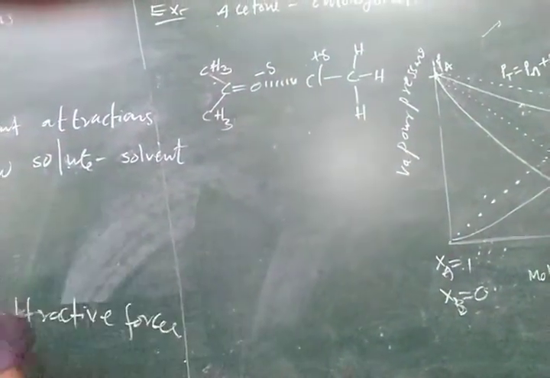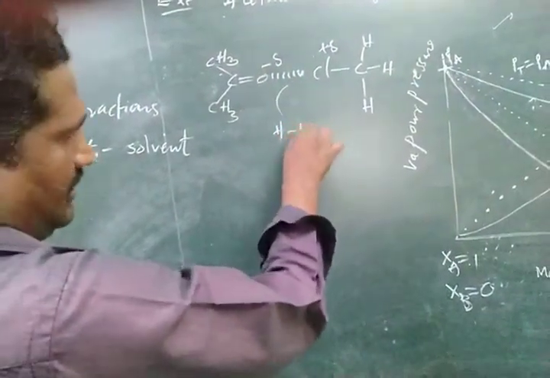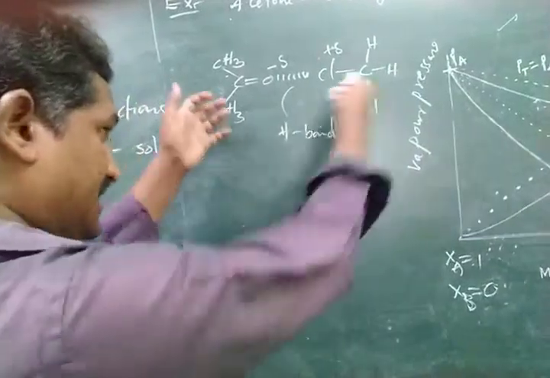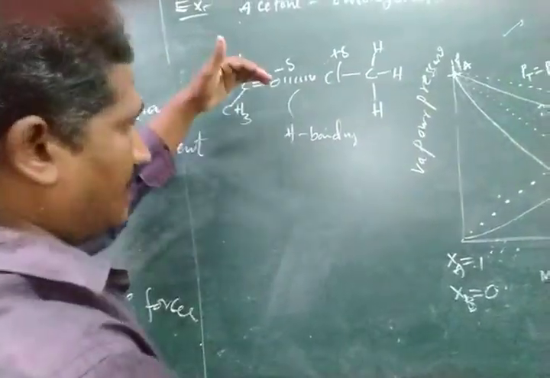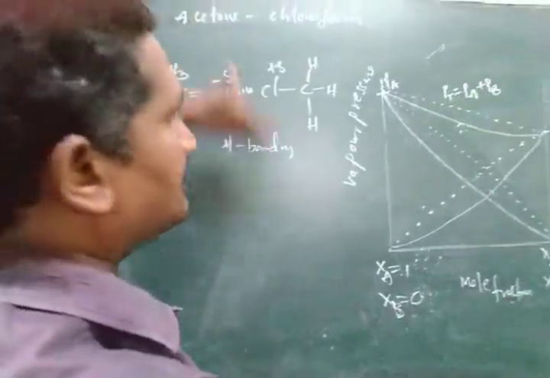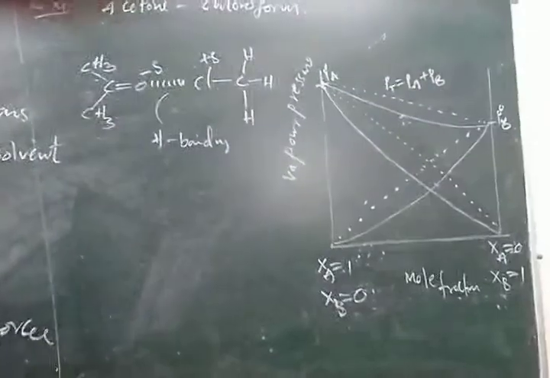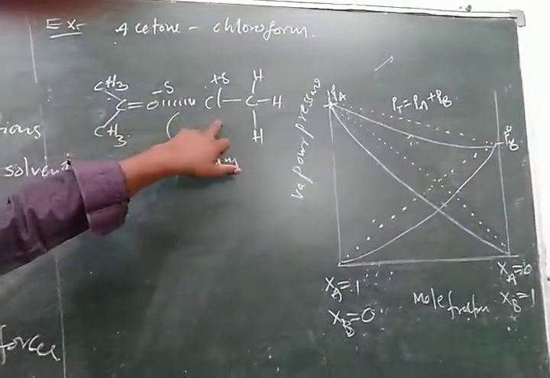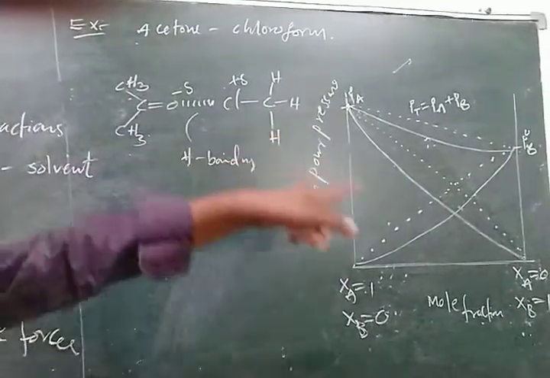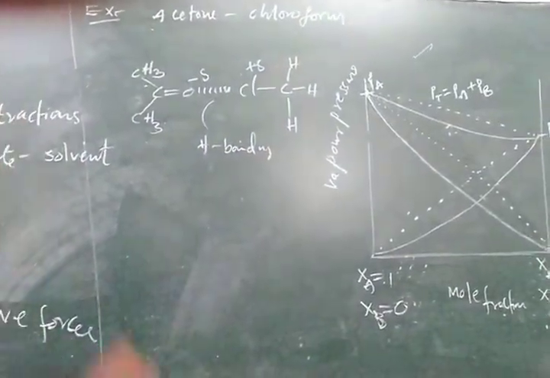After mixing, due to hydrogen bonding, they are strongly attracted and will not evaporate easily. So the vapor pressure of the solution decreases. That's why this is an example of solutions showing negative deviation compared to that predicted from Raoult's law.